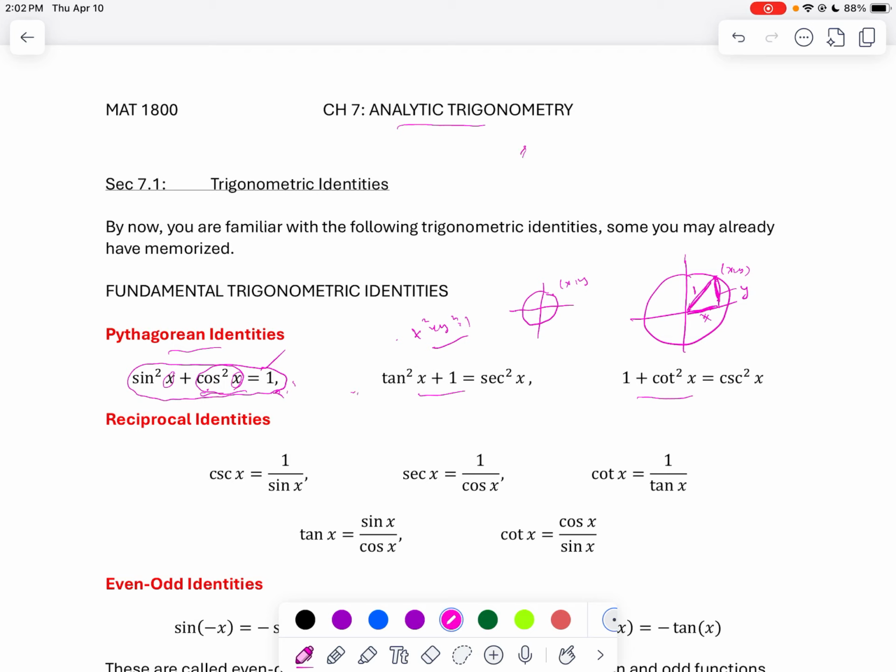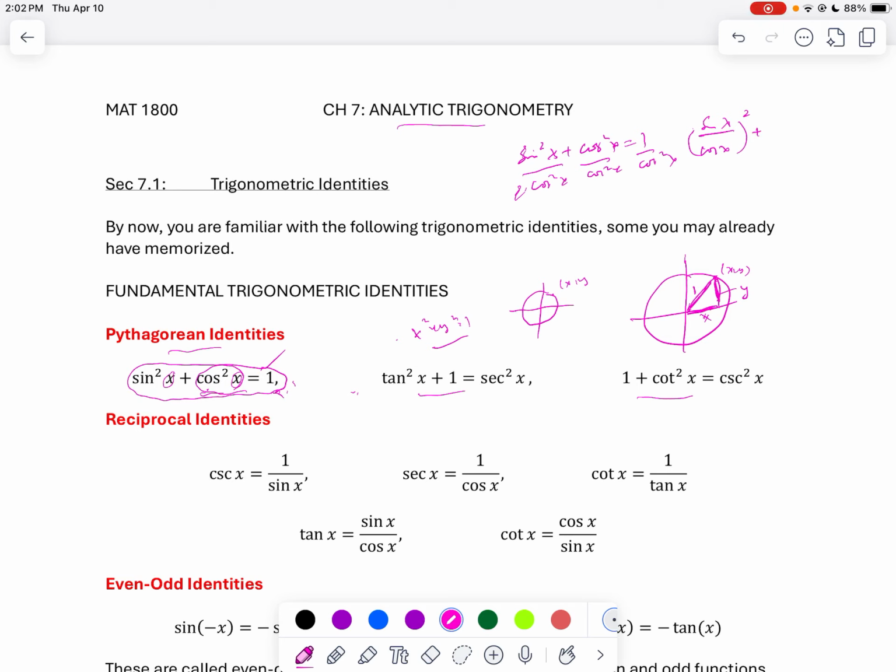How? Well, first, look at the identity. It is sine squared x plus cosine squared x equals 1. If we divide the whole equation by cosine squared, each term will be divided by cosine squared. So the first term becomes sine of x over cosine of x, whole squared.